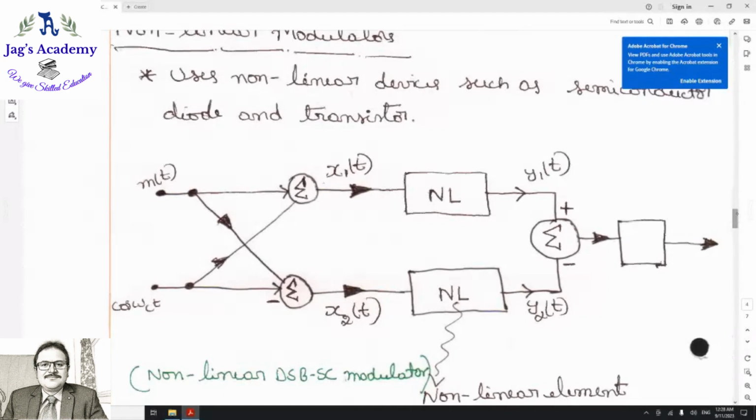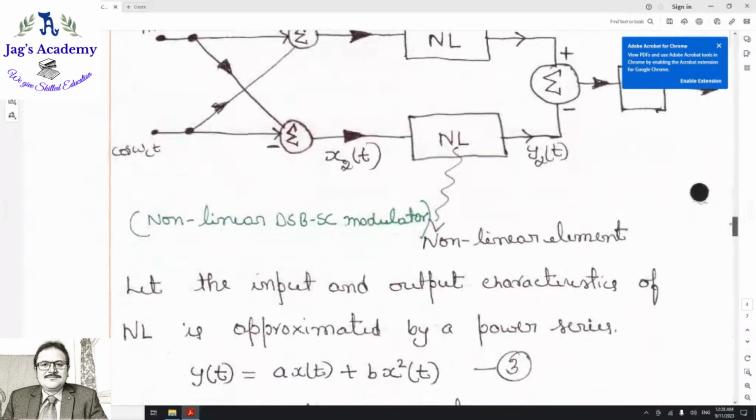Now see this, you are going to get x1 of t equal to cos omega ct plus m of t. Similarly, you get here x2 of t equal to m of t minus m of t cos omega ct. See what exactly happens here. I'll just explain this.